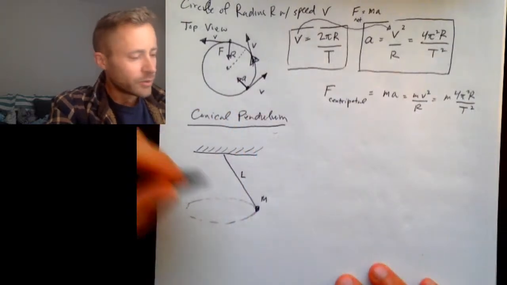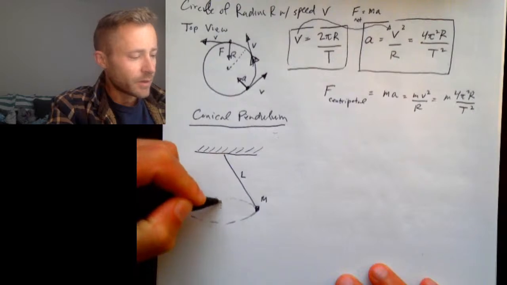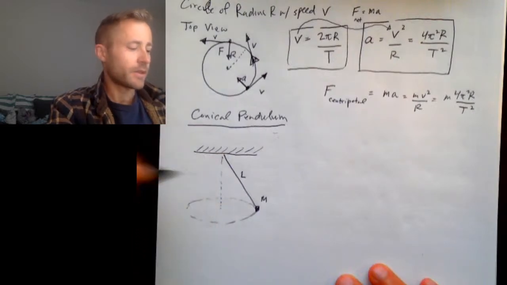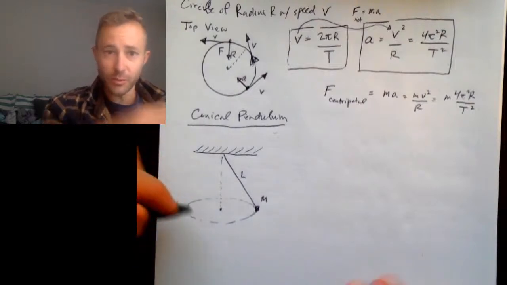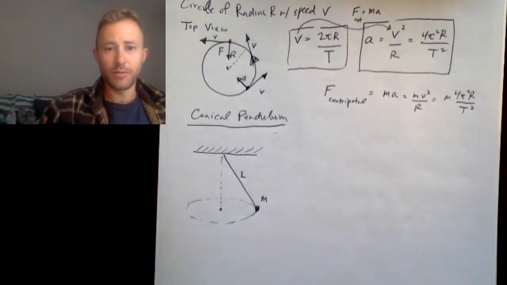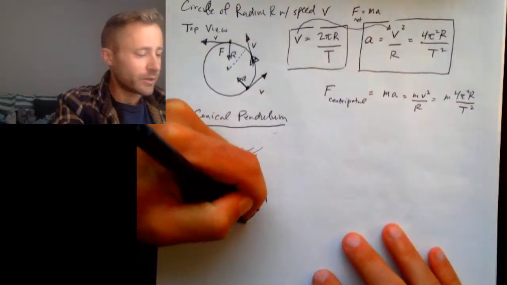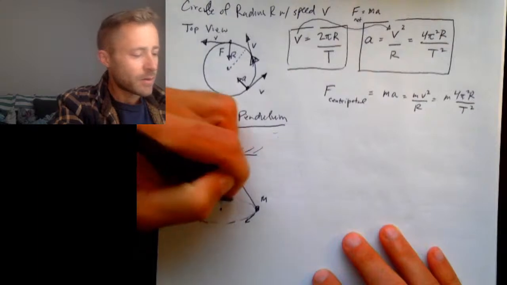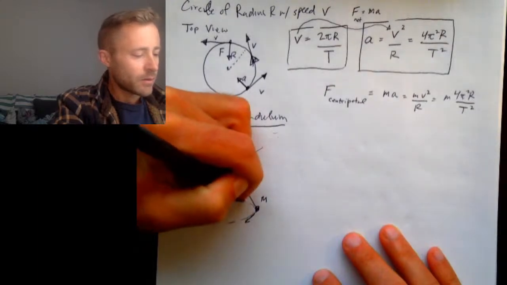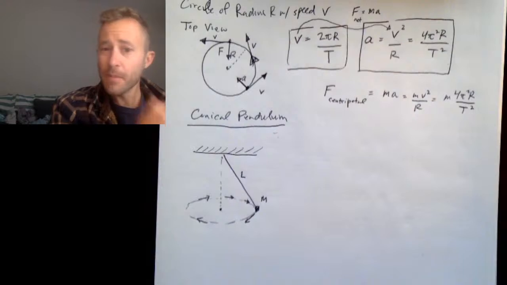Here's the center of it. So this is a horizontal circle that we're kind of viewing slightly from above the circle. So it's going around like this.